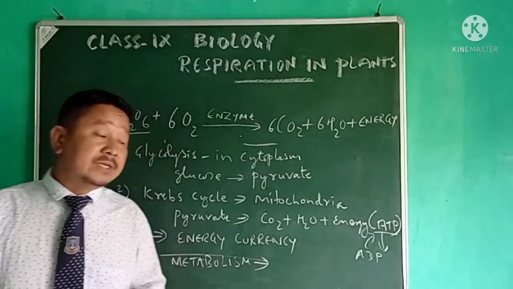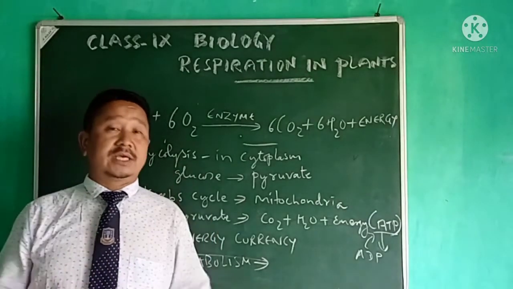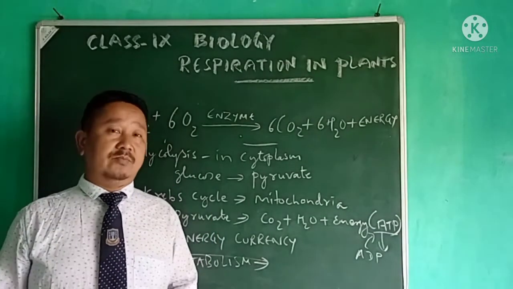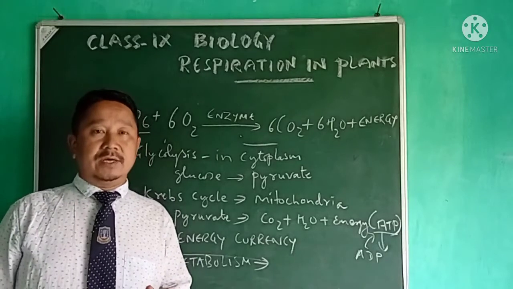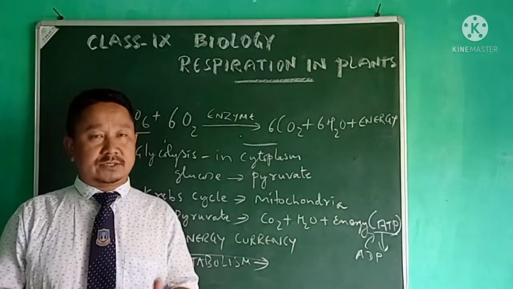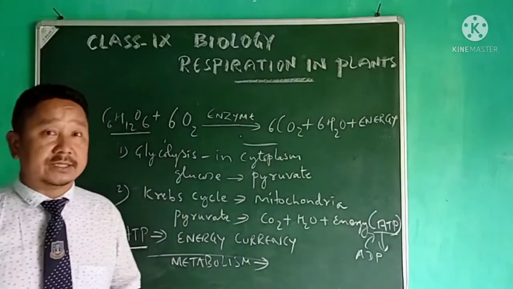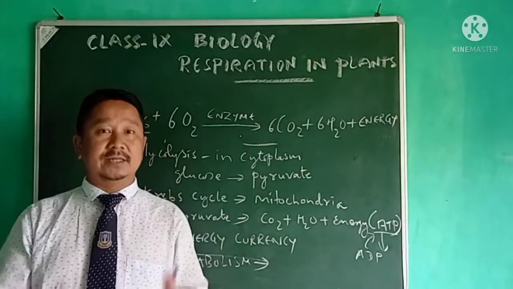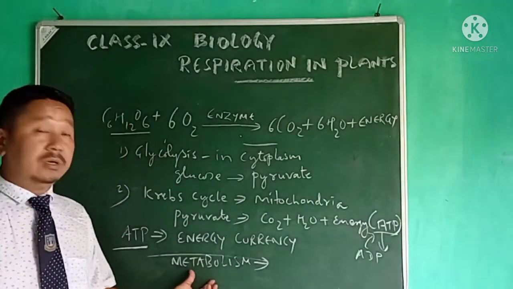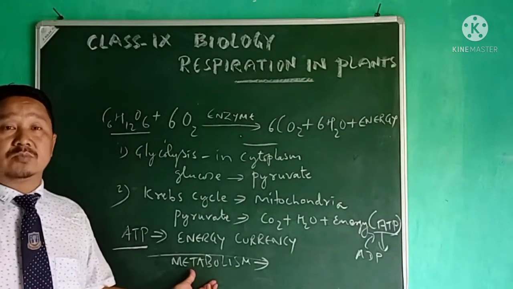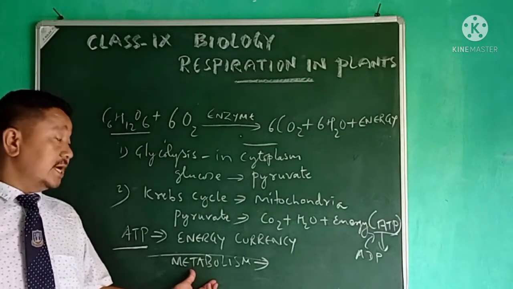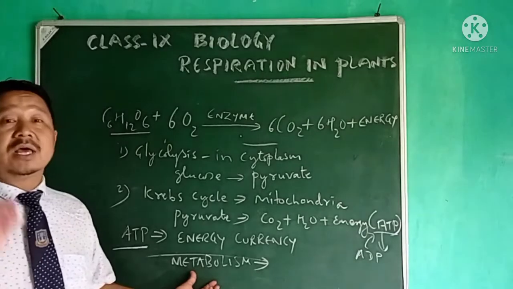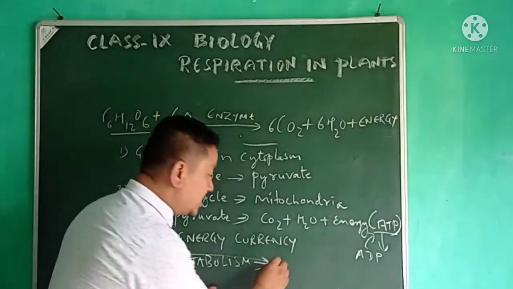Metabolism means the sum total of all the chemical reactions taking place in the body or in the cell. There are so many chemical reactions being taken place in the cells. The sum total of all the chemical reactions taking place in the body is called metabolism, which has two types.